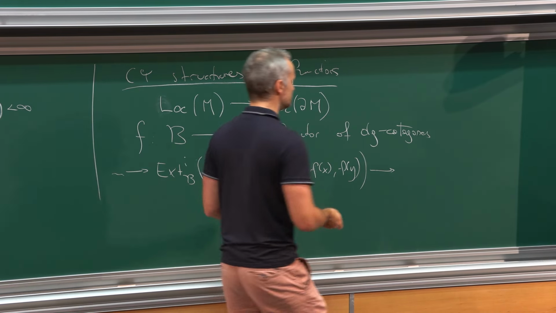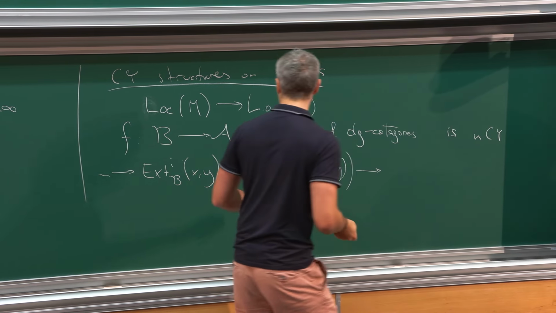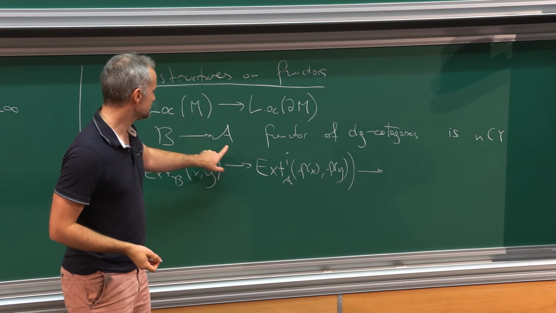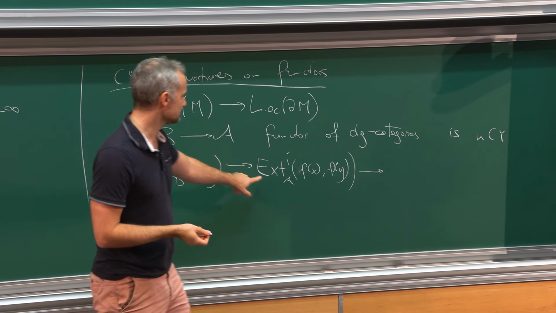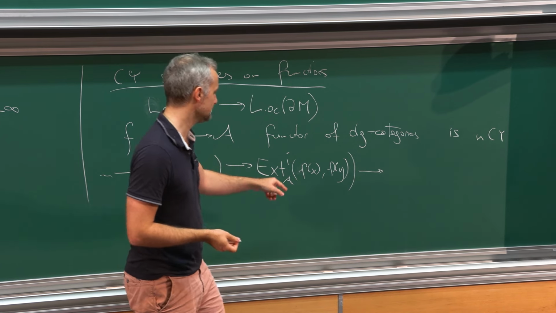A functor is n Calabi-Yau, where n is like the dimension of this M over here. It will mean A is n minus 1 Calabi-Yau. So this here will be dual to Hom from y to x of degree n minus 1 minus i.